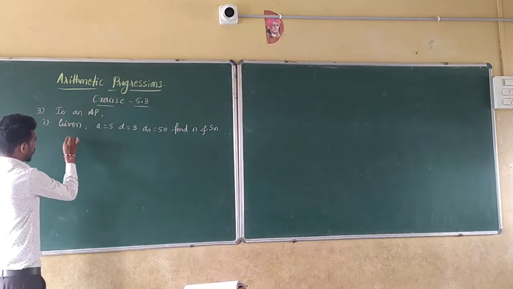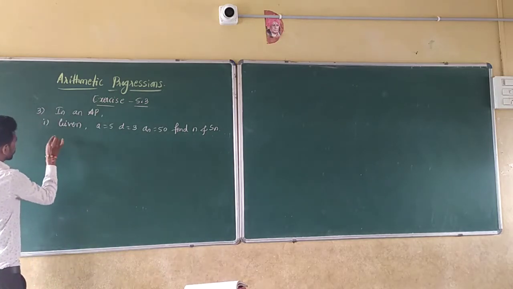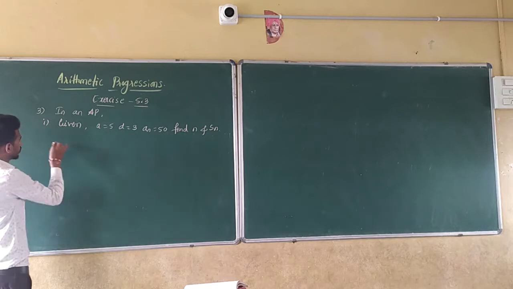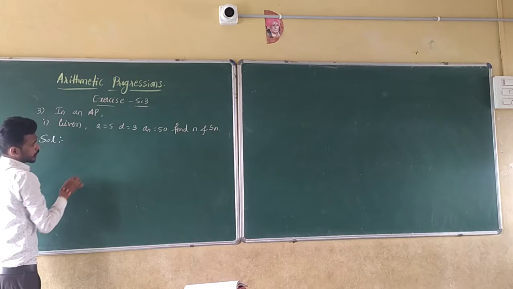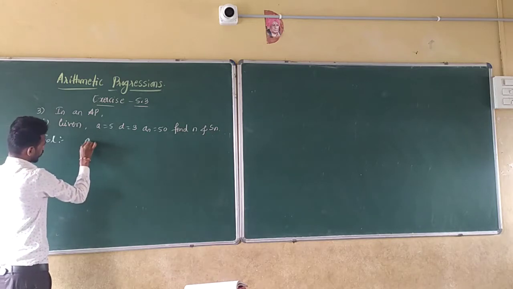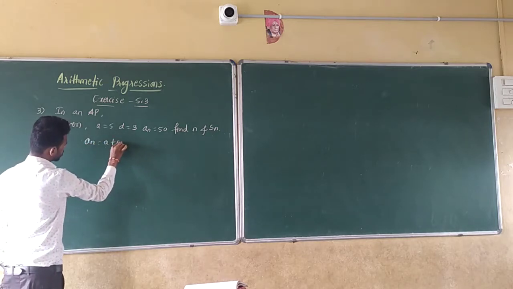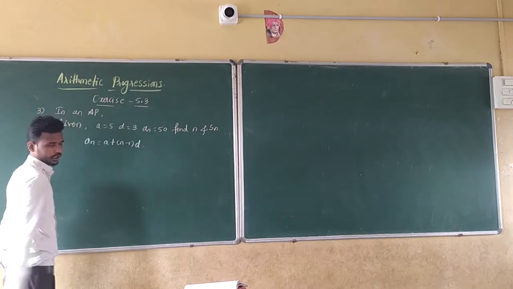So let us first find n using the n formula. an is equal to a plus n minus 1 into d.